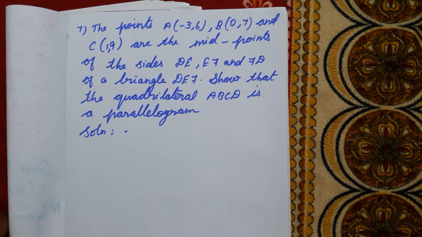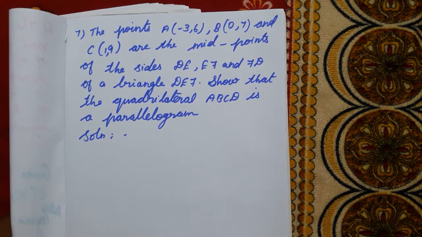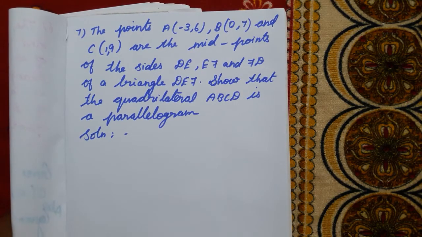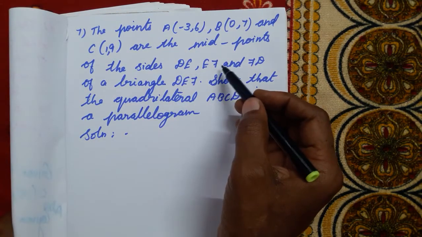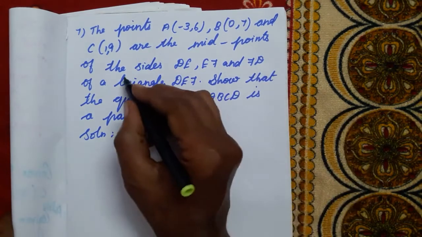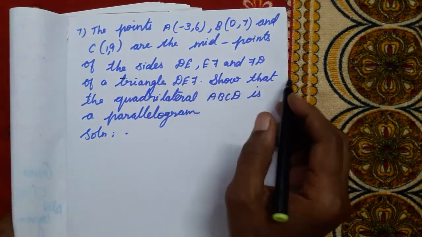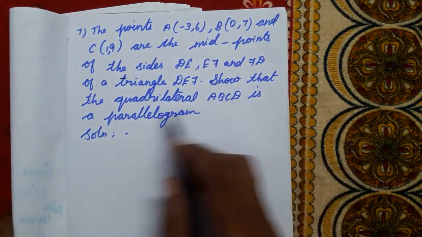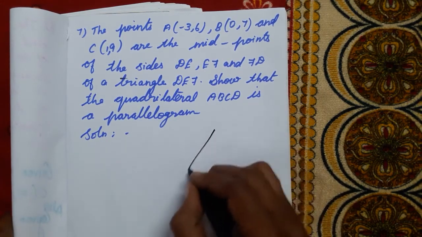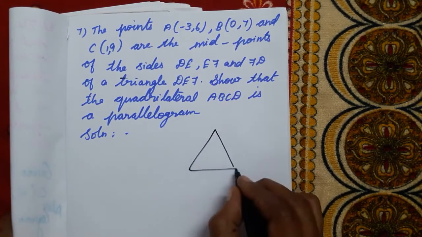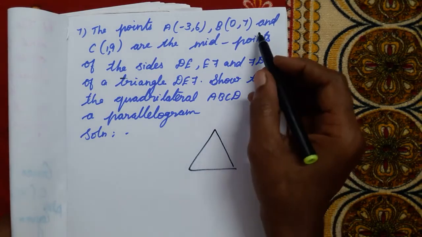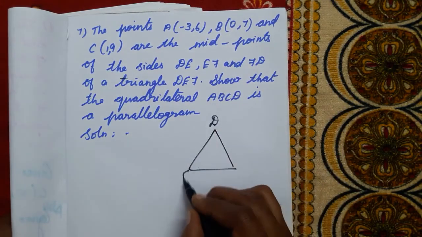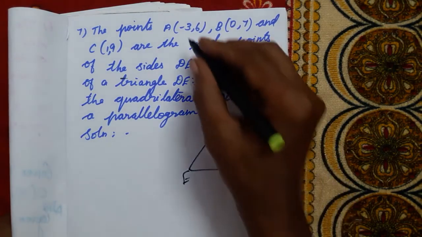Next is the 7th problem. The points A(minus 3, 6), B(0, 7) and C(1, 9) are the midpoints of the sides DE, EF and FD of a triangle DEF, so that the quadrilateral ABCD is a parallelogram. Please listen here. The points A, B, C are the midpoints of the triangle DEF.